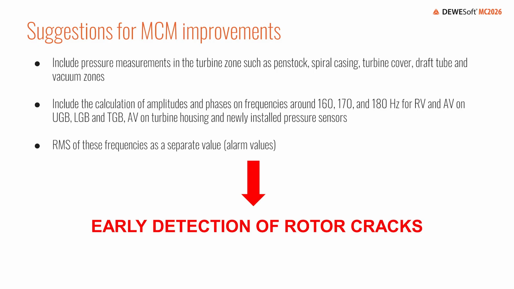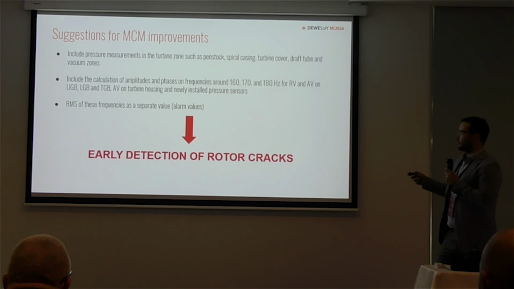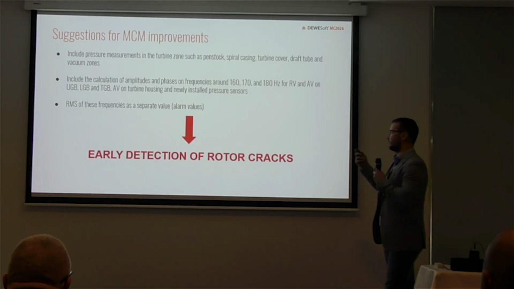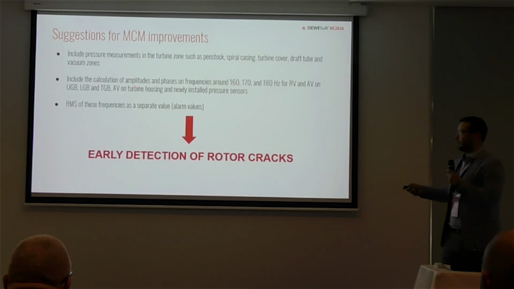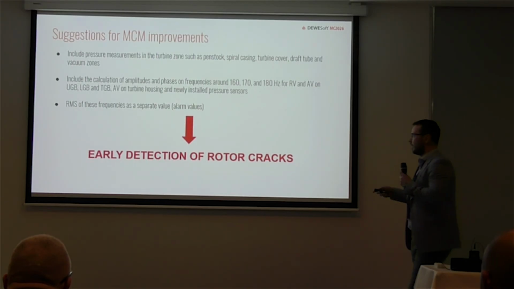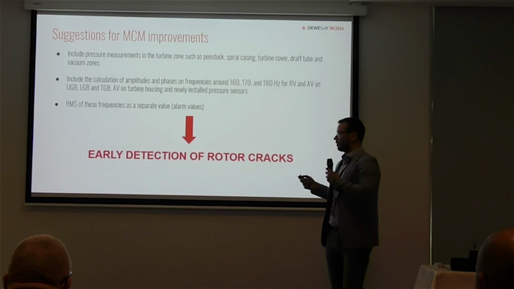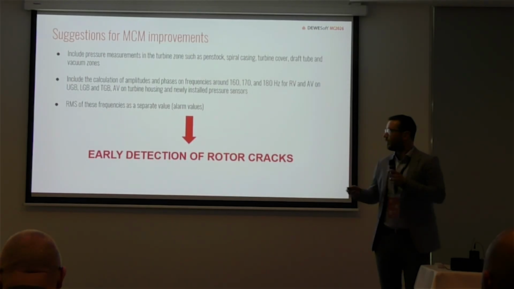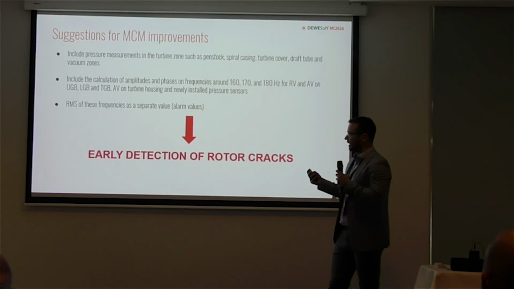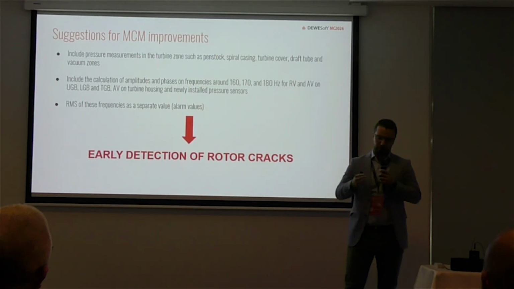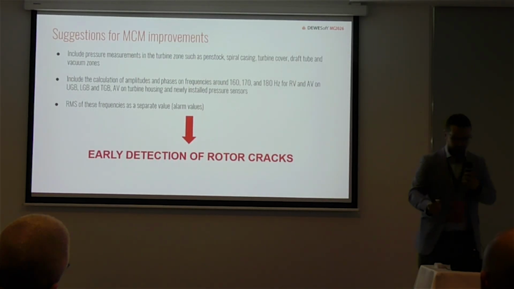So first, what we do, we include pressure measurements in the turbine zone. We installed pressure sensors in the penstock, spiral casing, turbine cover, draft tube, and the vacuum zones. We put into our machine condition monitoring system the calculation of amplitudes and phase of these frequencies, which are quite critical, which is actually the first indication of some cracks.